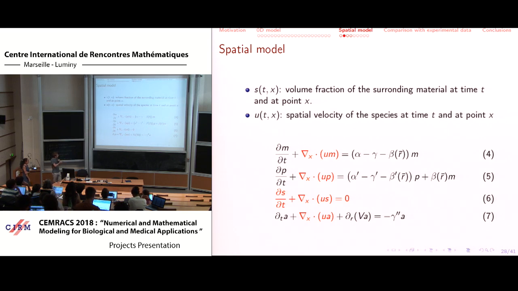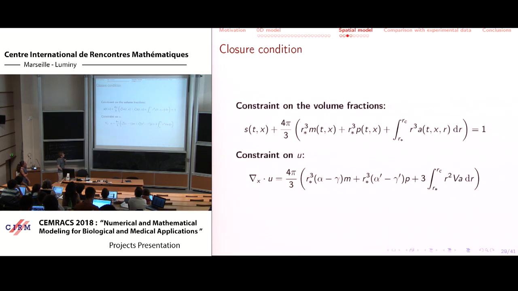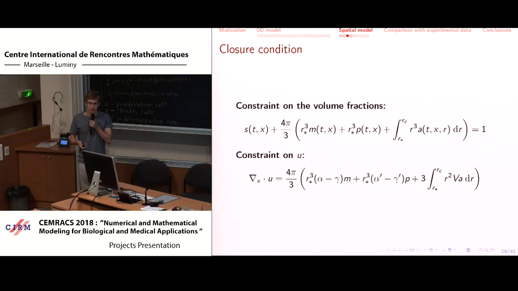And then we also add a special term on A. Now we need to say that there is no empty space in the system. So we need a closure condition that is given here: the sum of the volume fractions is equal to 1.